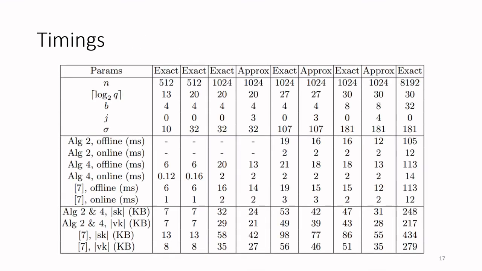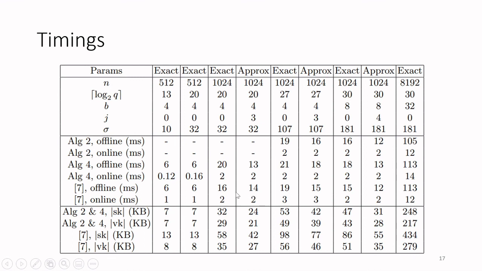Speaking of which, here is a table summarizing our implementation. Algorithm 2 is the approximate trapdoor, and algorithm 4 is the exact trapdoor. And we compare it to the paper with myself, Eli and Kretge in Asiacrypt 2019.